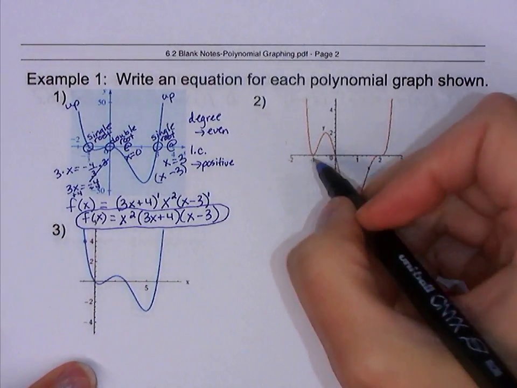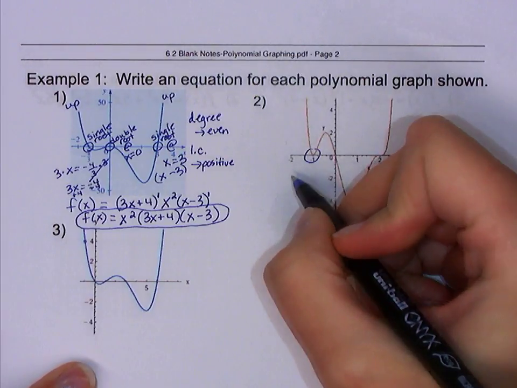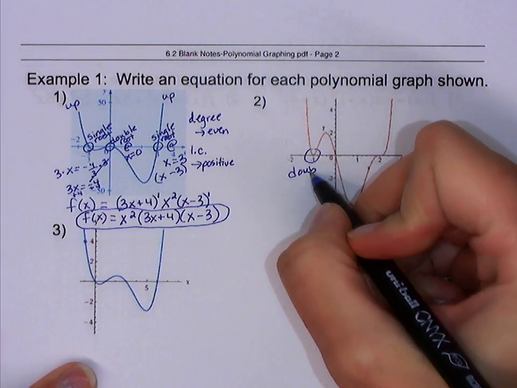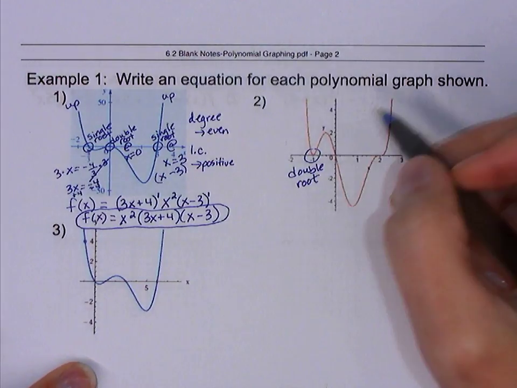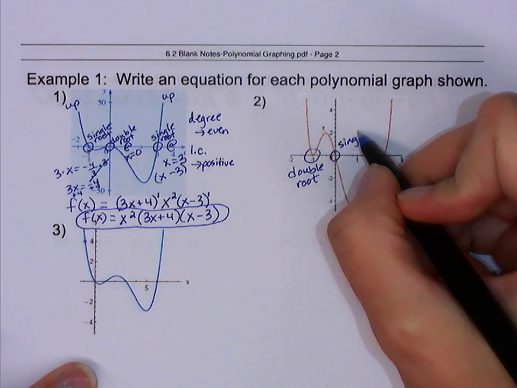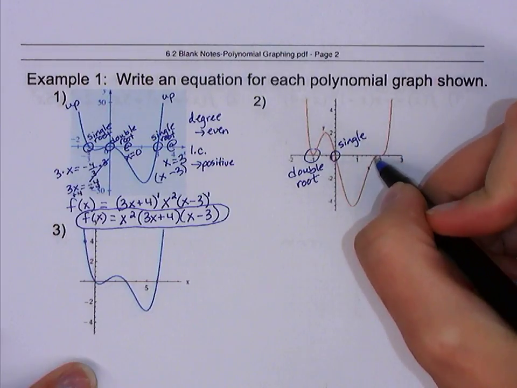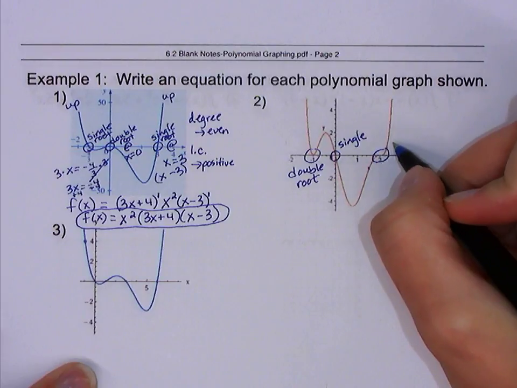Number 2, this would be a double, because it hits it and then it goes right back the other direction. This one goes straight through, so that's a single. This one, do you see how it goes through it but it flattens out? That's a triple.